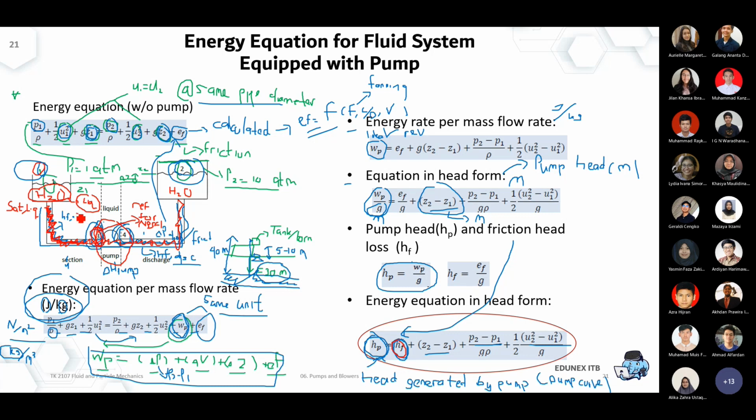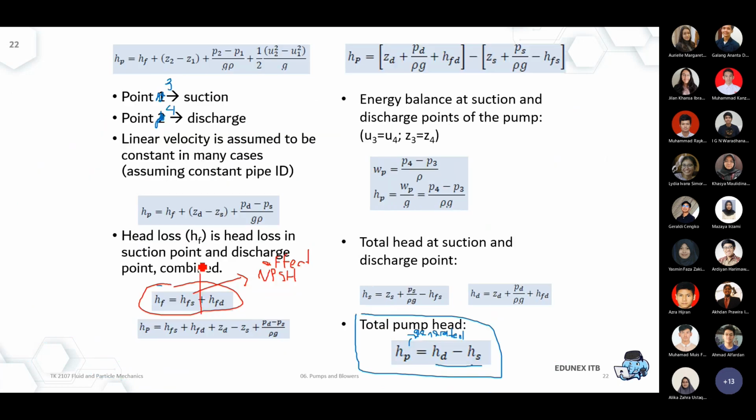That's why it's very important for us to separate the friction calculated in the suction and the friction calculated in the discharge part. So that's what's important about this slide. You have to separate what happens in the suction and what happens in the discharge.